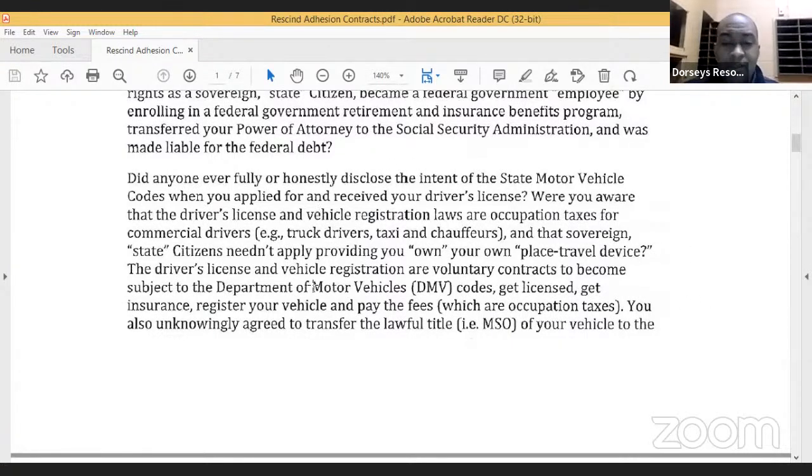Were you aware that the driver's license and vehicle registration laws and occupation taxes are for commercial drivers, truck drivers, taxi, and chauffeur, and that sovereign state citizens needn't apply, providing you own your own place to travel device, etc.? Okay, the driver's license and vehicle registration are voluntary contracts to become subject to the Department of Motor Vehicle Codes: get licensed, get insurance, register your vehicle, and pay the fees, which are occupation taxes.